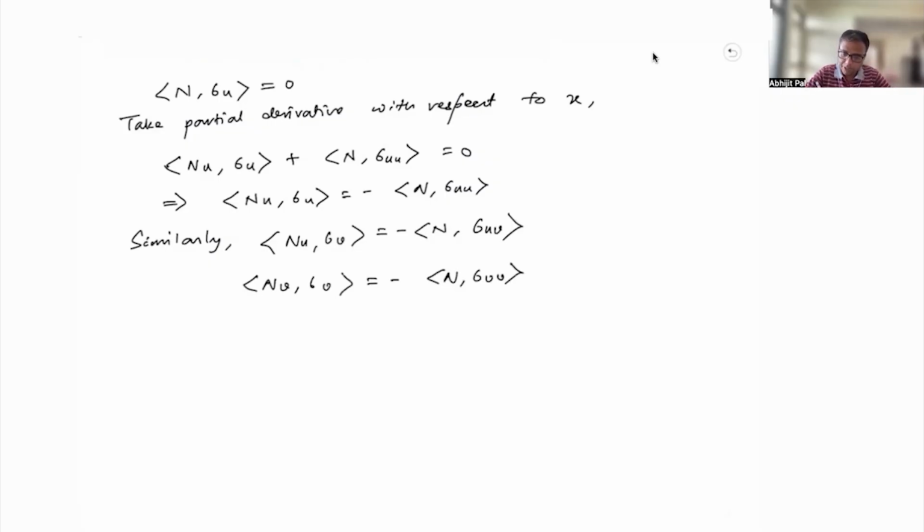Okay, so now let me define the second fundamental form.